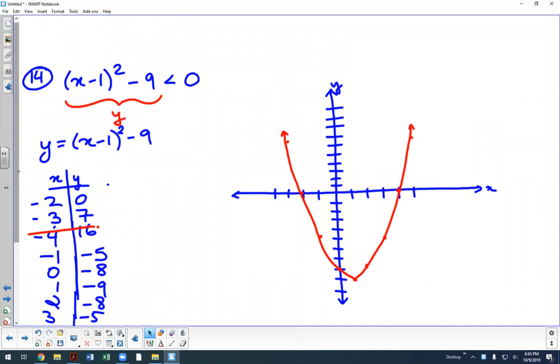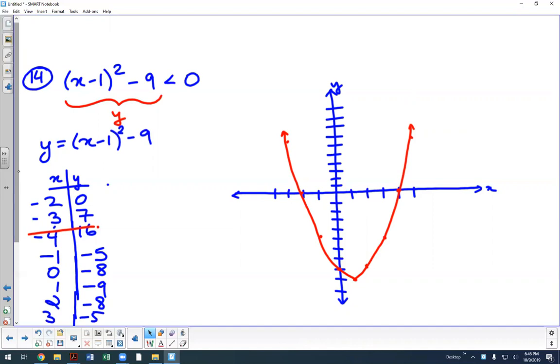So we are basically wanting to know on what interval, because remember, inequalities always give you solutions as intervals. So they want to know on what interval is the y value going to be less than 0?